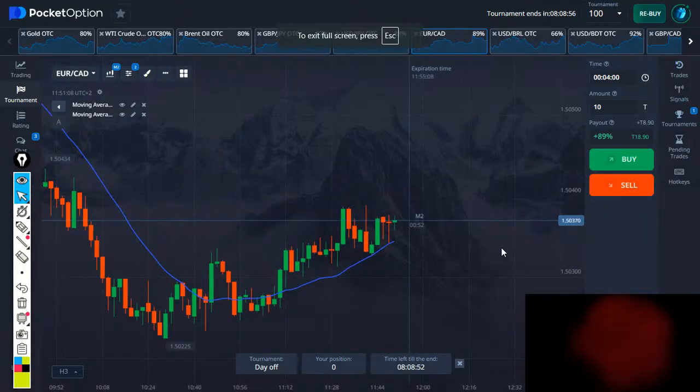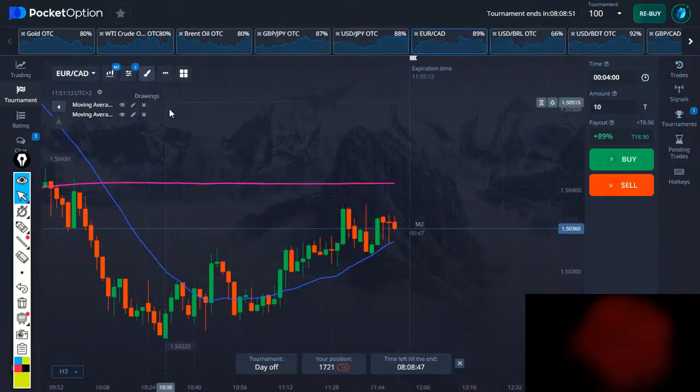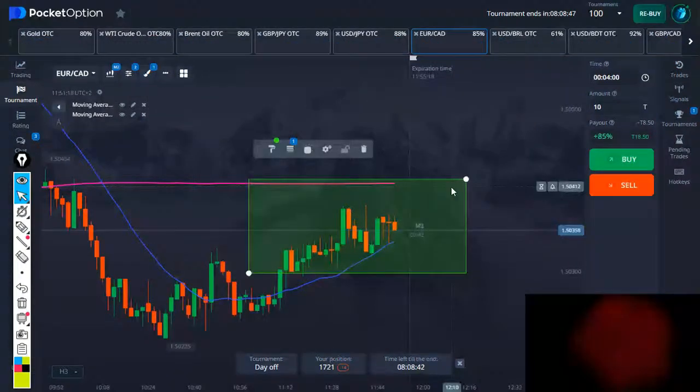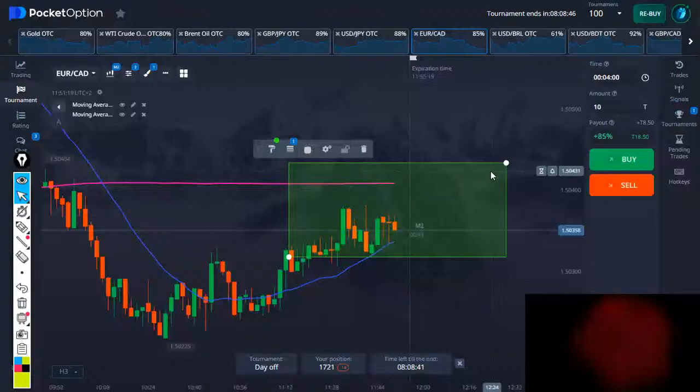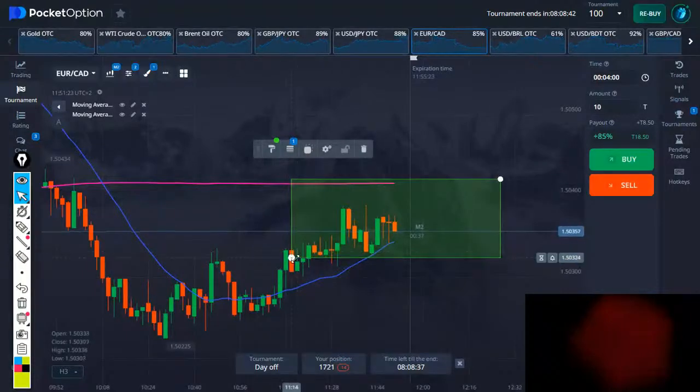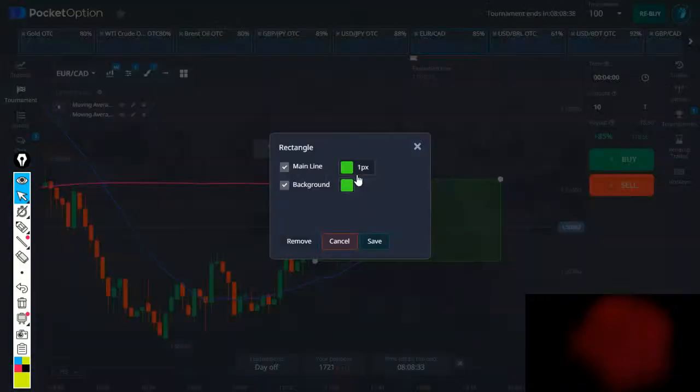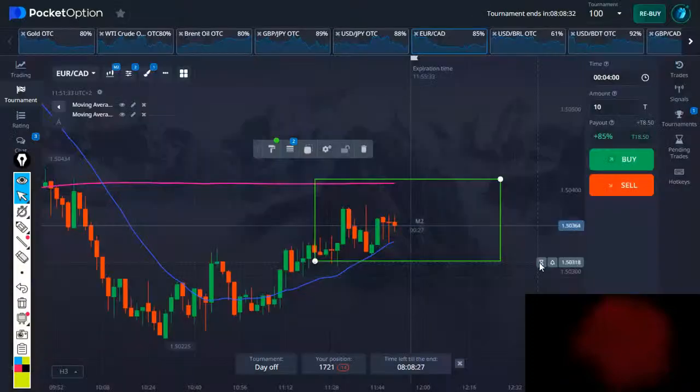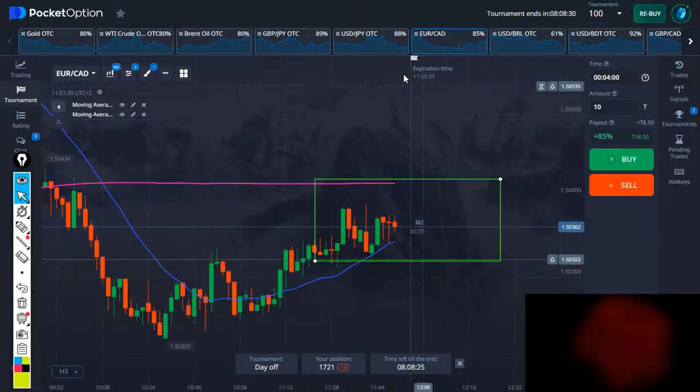Okay, so let me draw a rectangle over here. Nice. Set an alarm here.